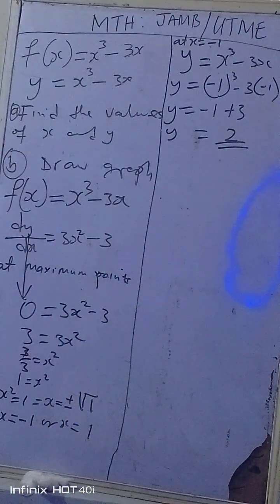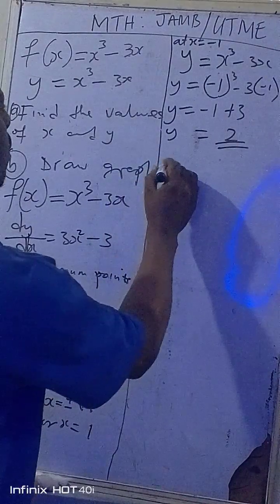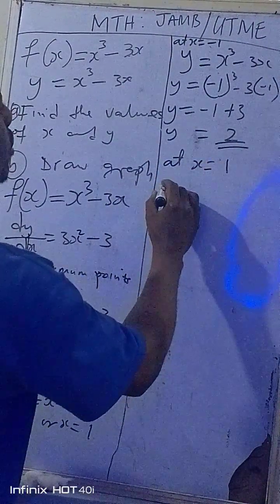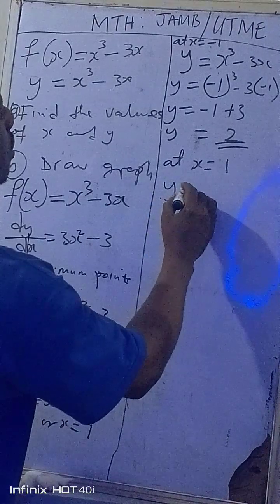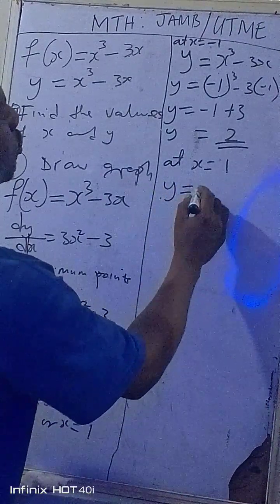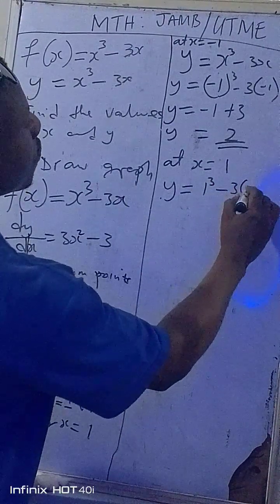Did you get that now? y will give us 2. And if we place the value at x is equal to 1, y will be equal to 1 cubed minus 3 times 1.